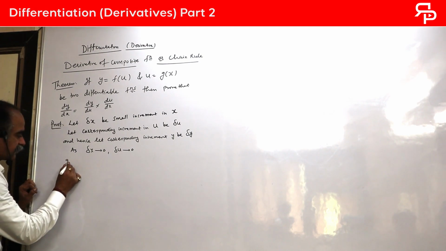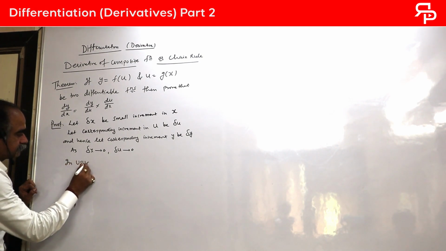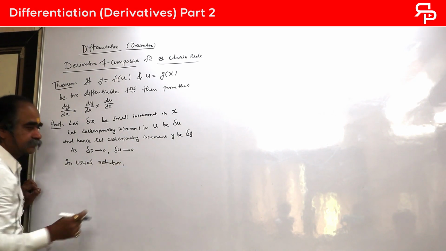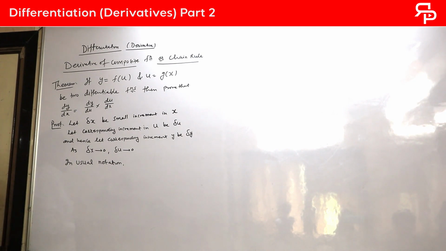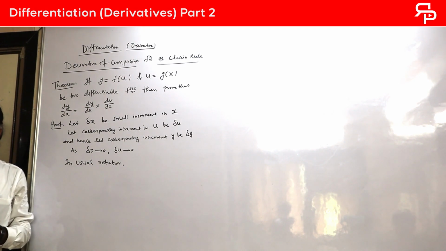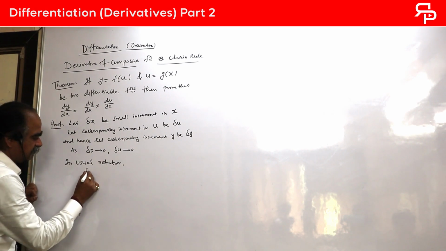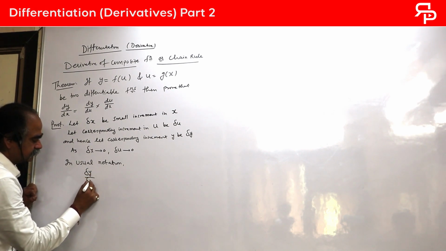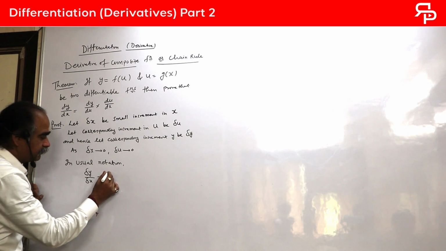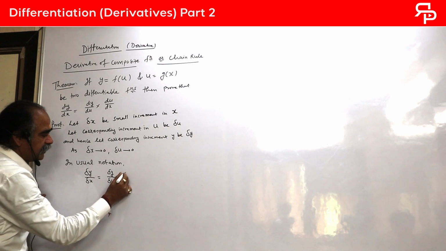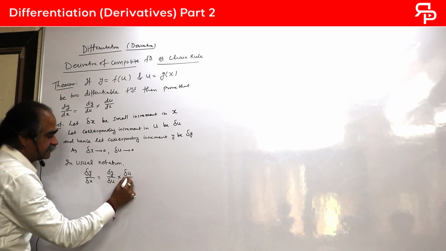In usual notation, what do you mean by usual notation? As usual, हमेशा की तरह, sun rises in east. तो वैसे ही हमेशा की तरह delta y by delta x is equal to delta y by delta u into delta u by delta x.